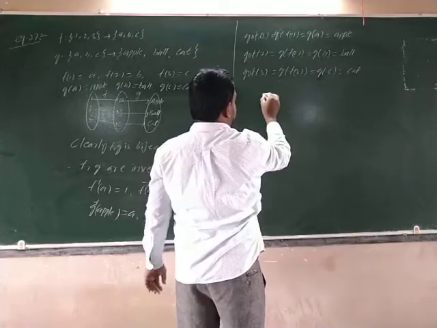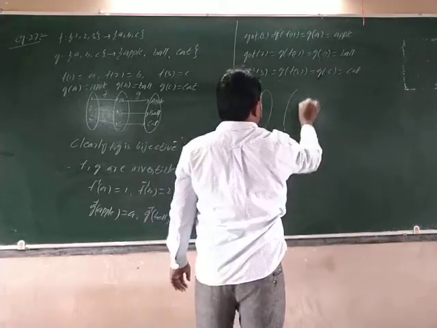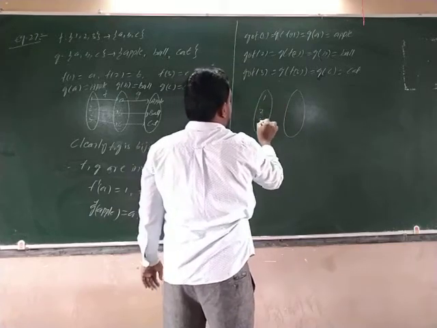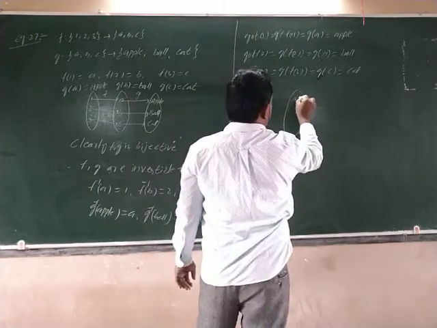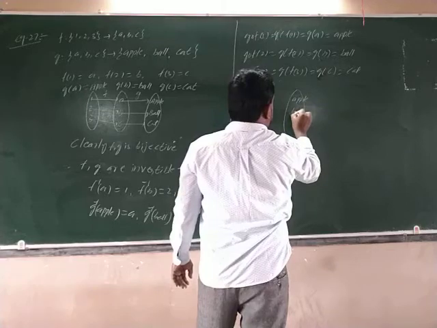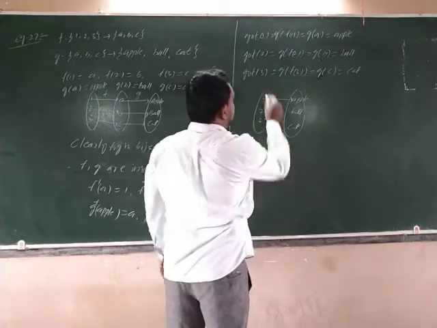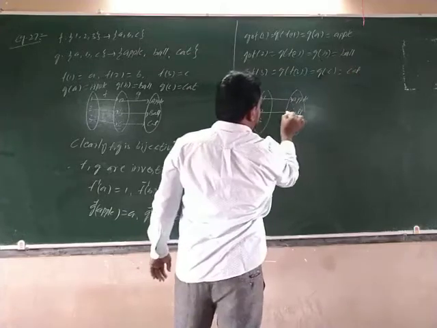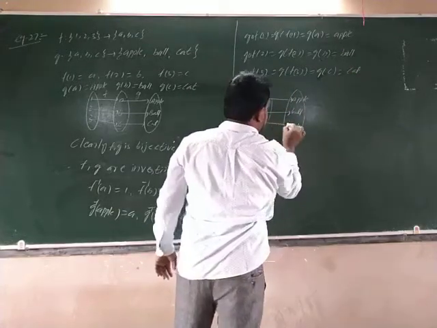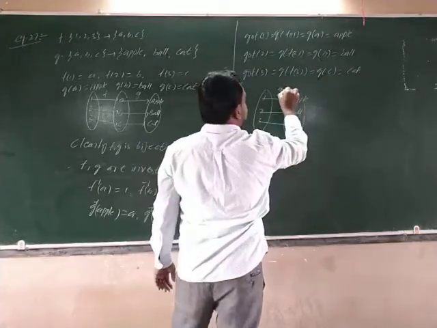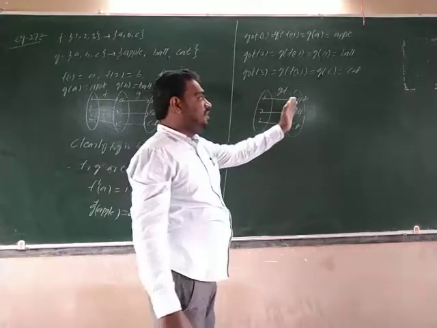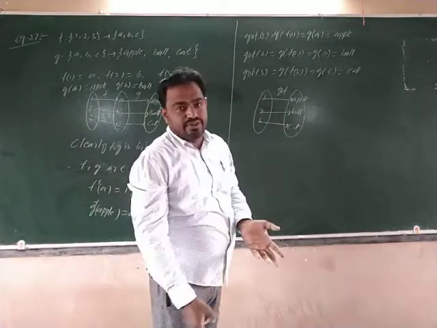Just show the g circle f function, mapping from {1, 2, 3} to {apple, ball, cat}. 1 is related to apple, 2 related to ball, 3 related to cat under the function g circle f. Every element has a unique image, so it is a one-one function.